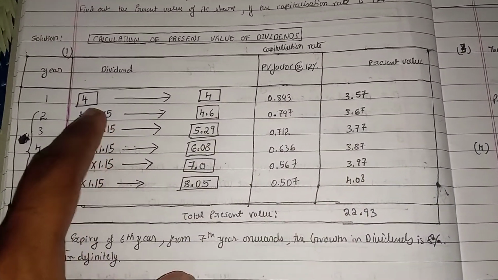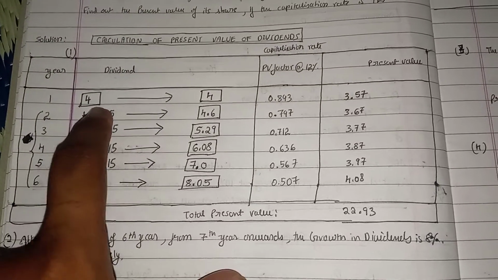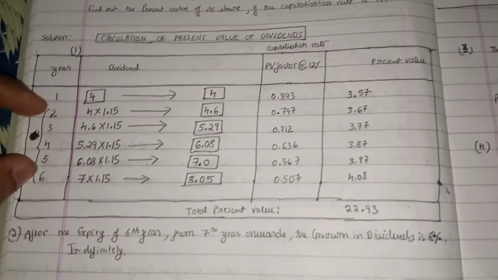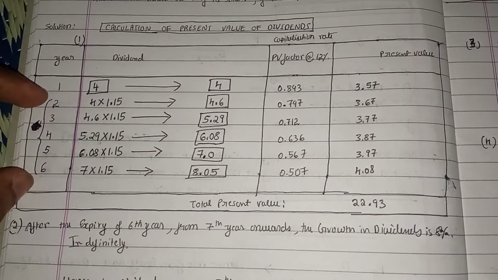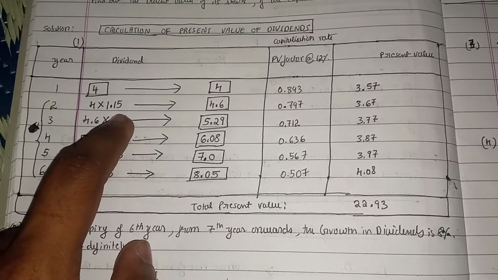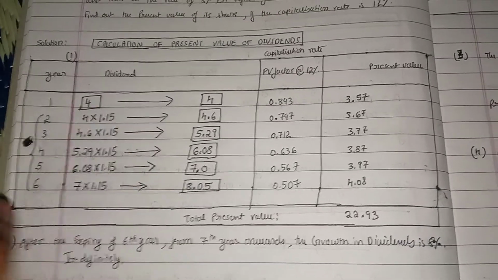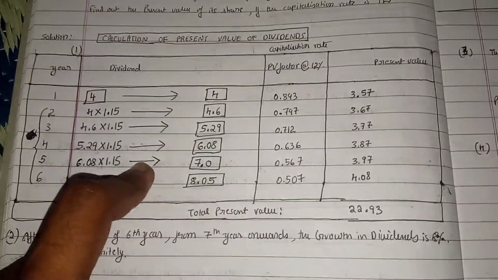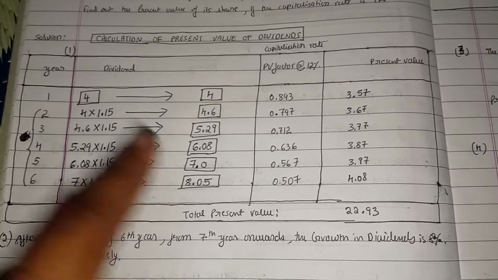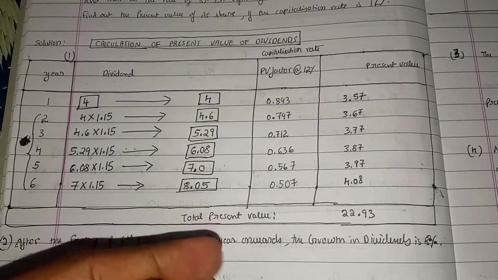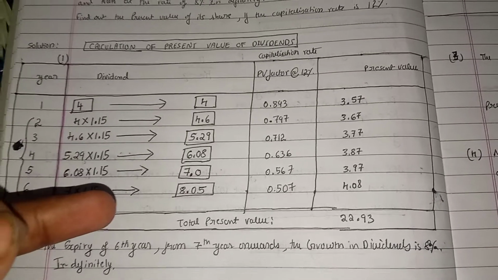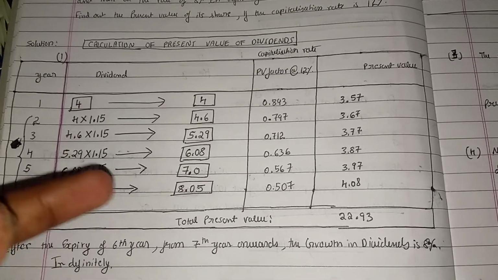Here you can observe, the dividend is 4 after the second year, and for the next 5 consecutive years it's 15%. So 4 into 1.15. How do you get 1.15? 1 plus 15%, meaning after 1 year. If you convert it with mathematics, 15% is 0.15, 1 plus 0.15 is equal to 1.15.